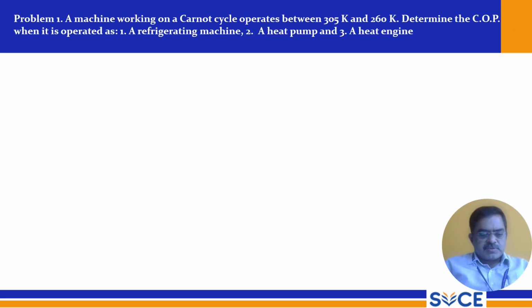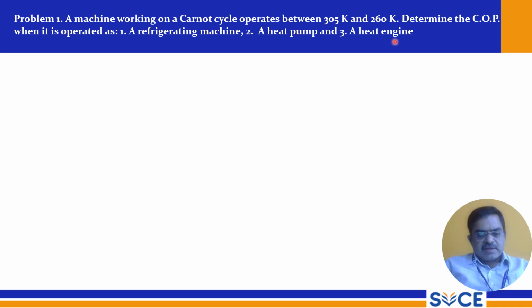So this is the first problem, students. Study the problem carefully. A machine working on a Carnot cycle operates between 305 Kelvin and 260 Kelvin. Here both temperatures are given, higher and lower, and determine the COP when it is operated as a refrigerating machine, a heat pump, and a heat engine.